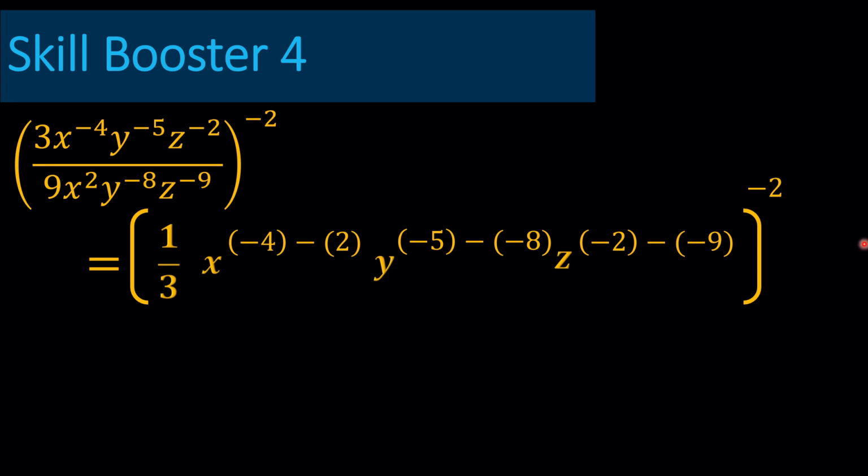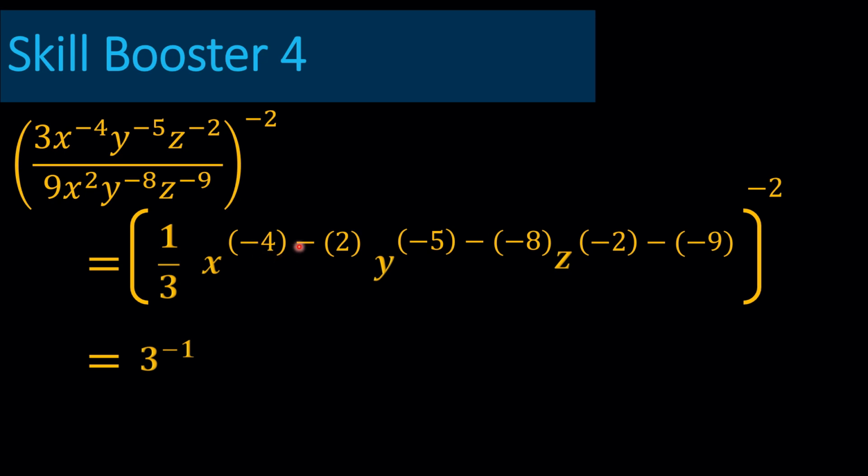Okay, let us simplify what's inside the parentheses. Recall that 1/3 can be changed into 3 to the power of negative 1, right? I have a purpose why I did this one. So you will see it later. 3 to the power of negative 1. Next, negative 4 minus 2 is just the same as negative 4 plus negative 2.